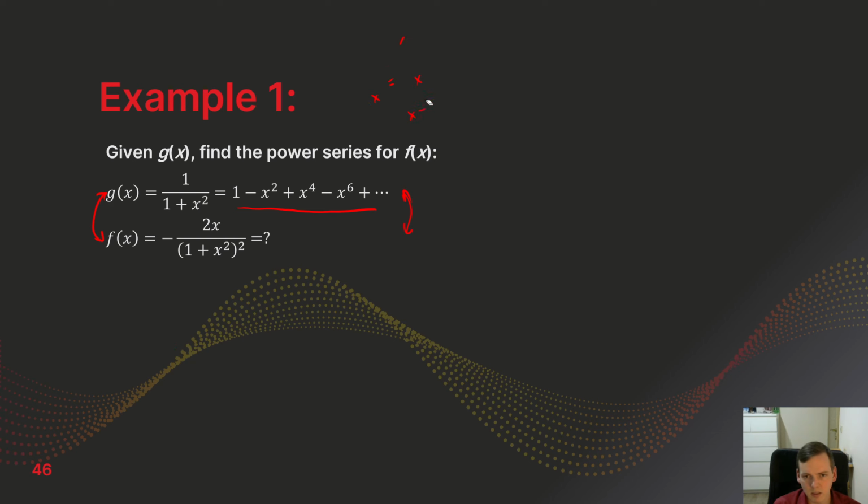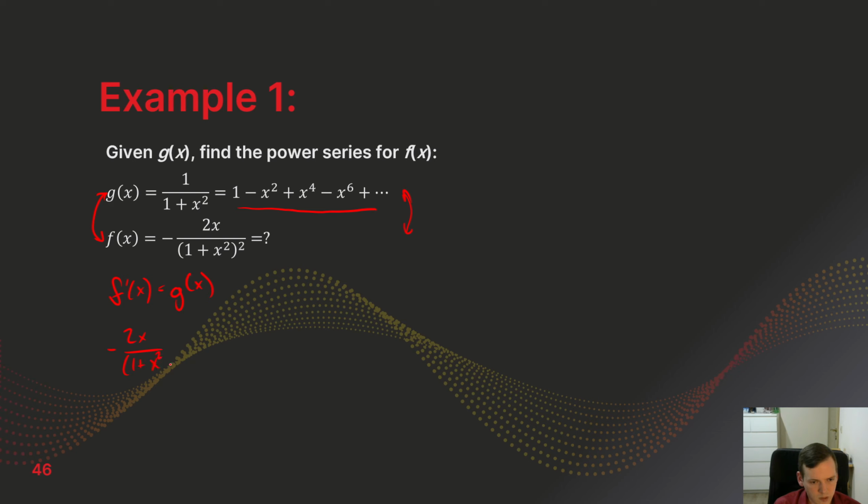So let's clear all this out. This is a good example of how sometimes we start in the wrong direction. I believe it should be f prime of x equals g of x. So let's check that.